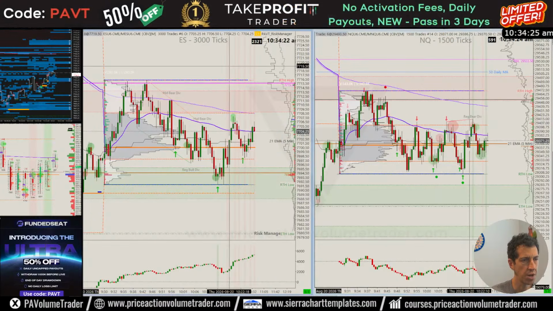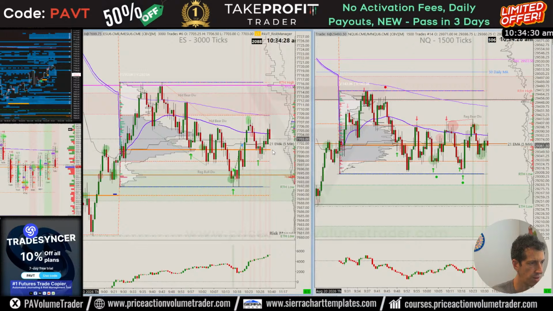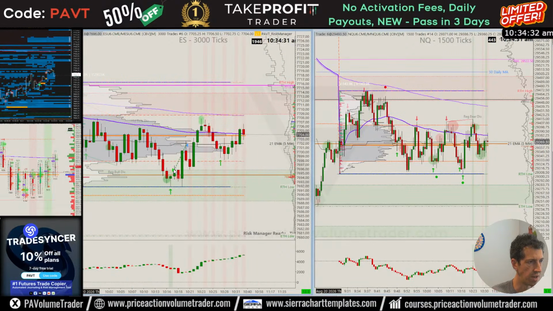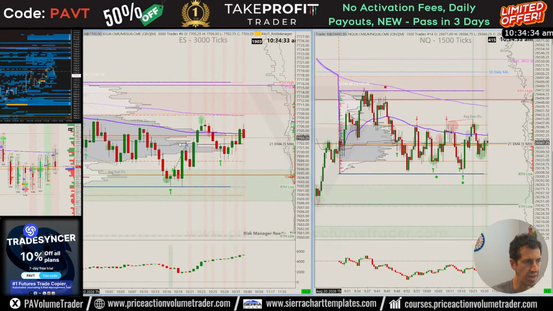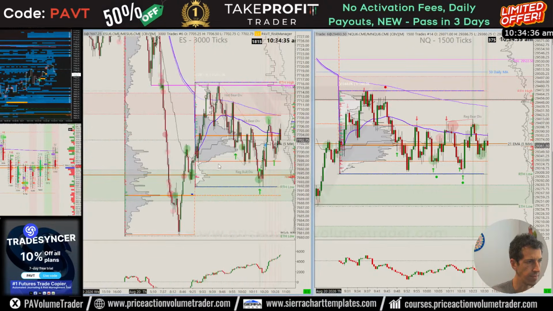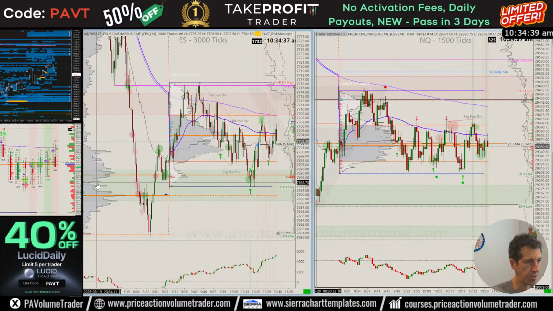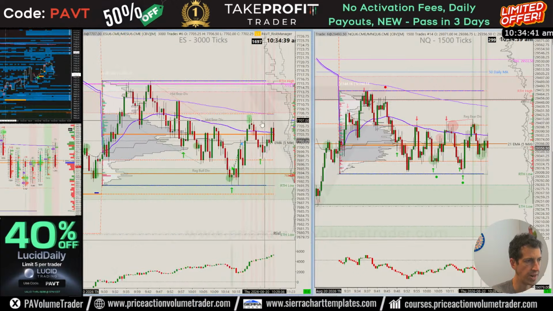And then I took another little trade here in the practice account on ES on the little breakout here when we bounced off of this low volume node area from the overnight.